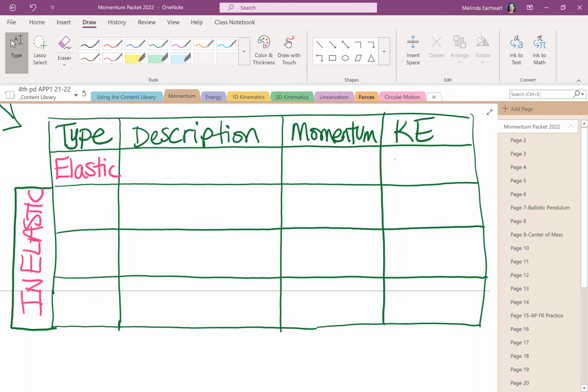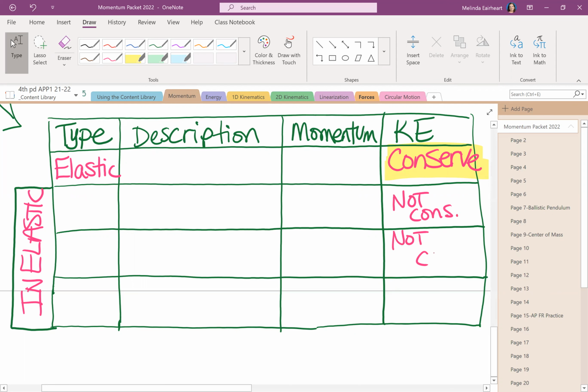Elastic collisions conserve kinetic energy. And I'm going to highlight that. If on our problems on the AP you see the word elastic, boom, it means kinetic energy is conserved. If it's considered inelastic, it means that kinetic energy is not conserved.